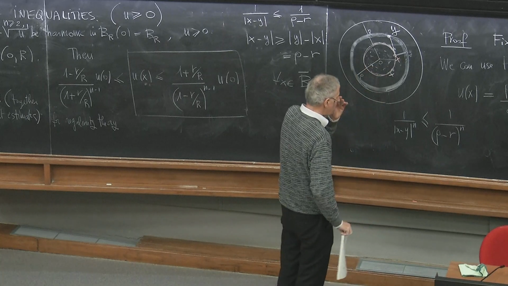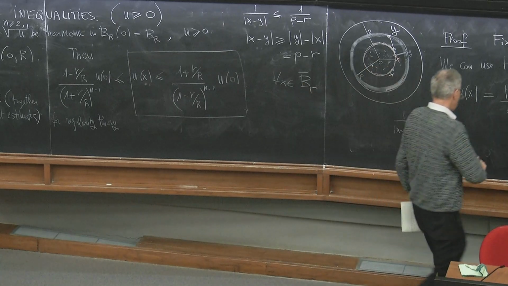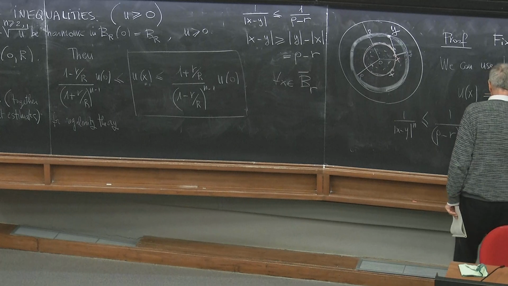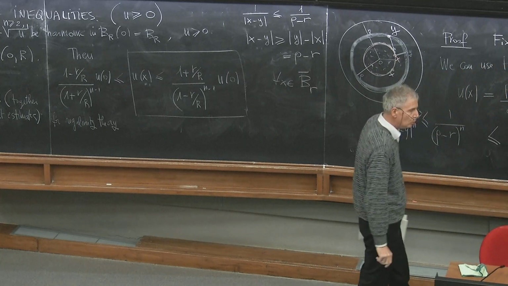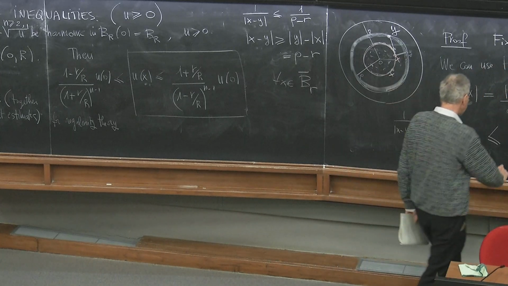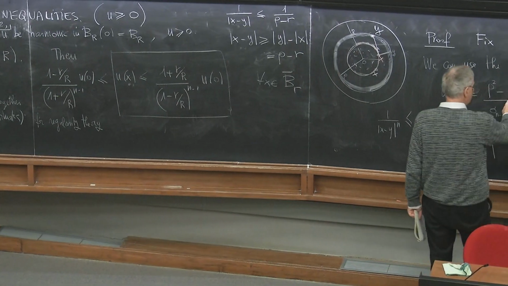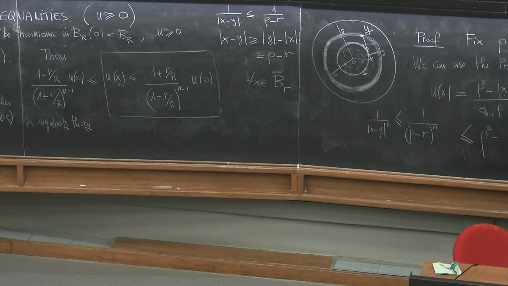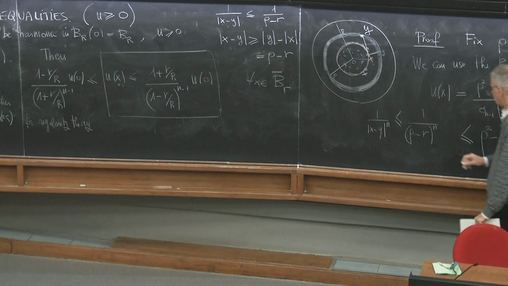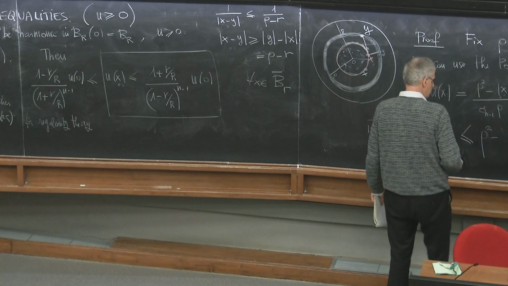And now I would like to write this less than or equal to rho squared minus, now x is on the boundary of the small ball, so the modulus is r.